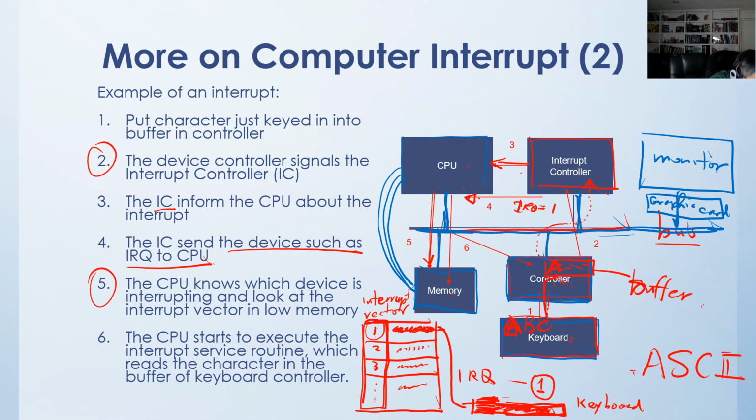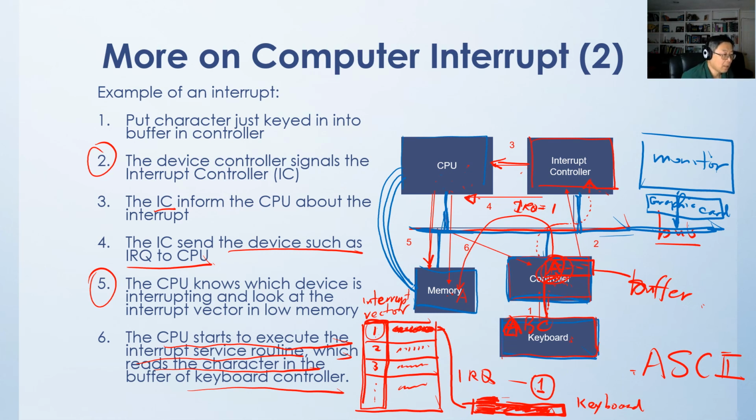It will tell the CPU, "Hey, please go to the buffer in the controller and copy the character A from the controller into the memory, somewhere in the memory." So the CPU starts to execute the interrupt service routine, which reads the character in the buffer of the keyboard controller.